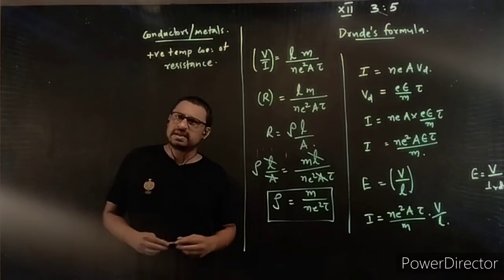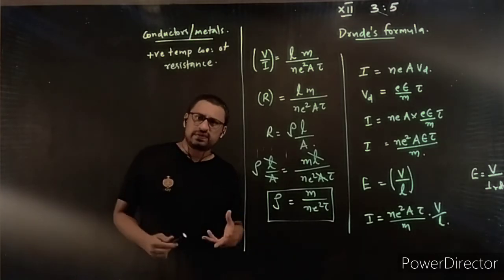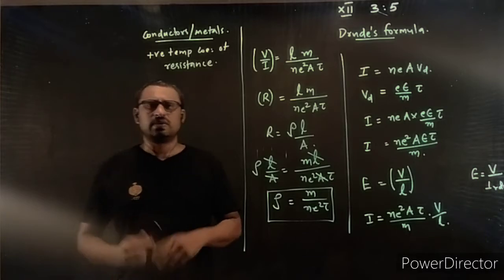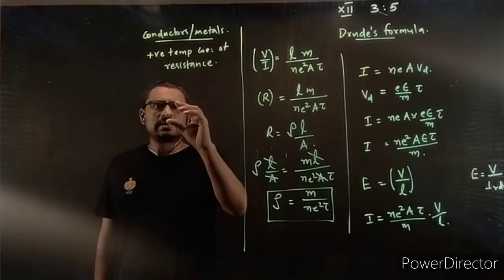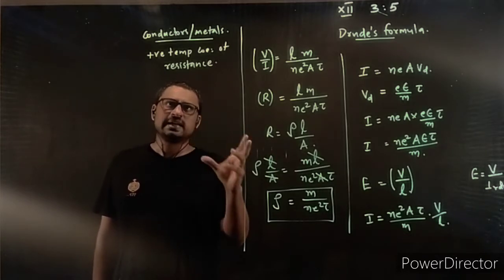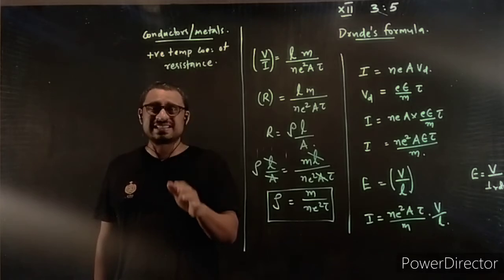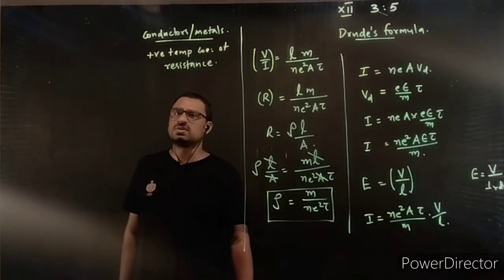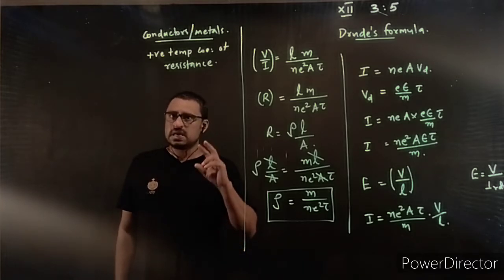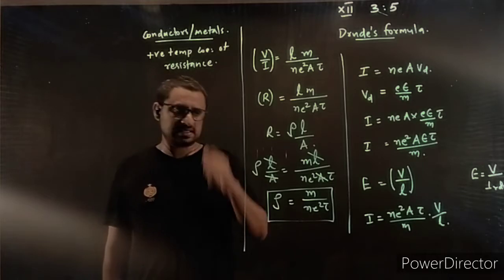For conductors or metals, they have got positive temperature coefficient of resistance. What do you mean by that? The meaning is for conductors or metals, when temperature increases, resistance increases. That is what the positive temperature coefficient of resistance means. I will repeat. When temperature increases, resistance also increases.